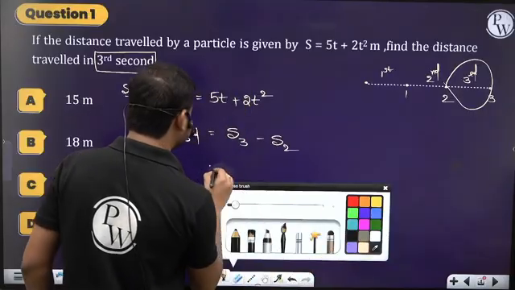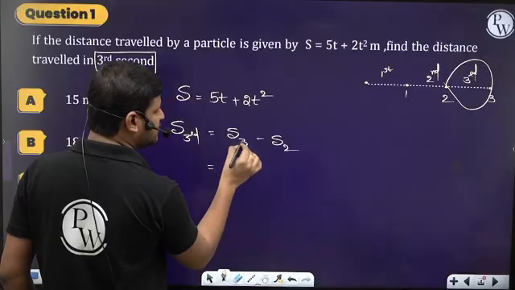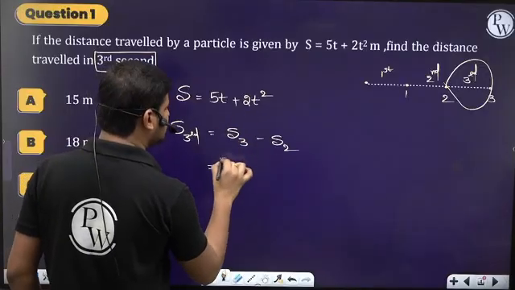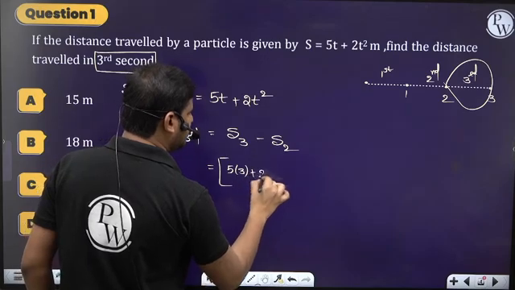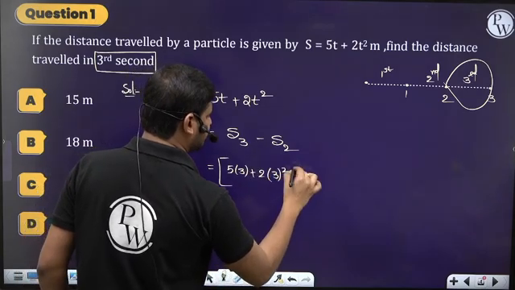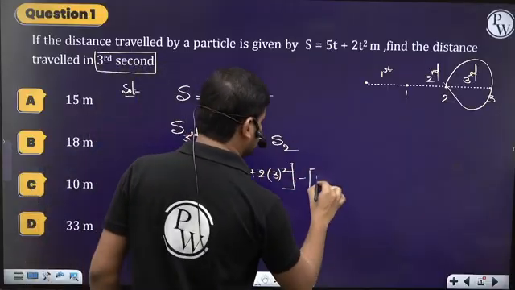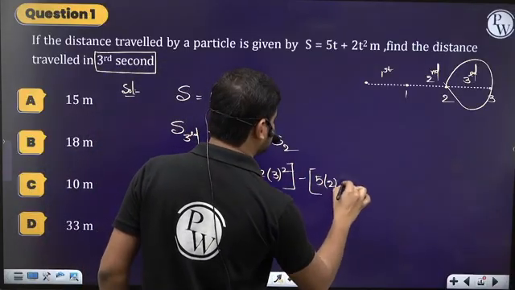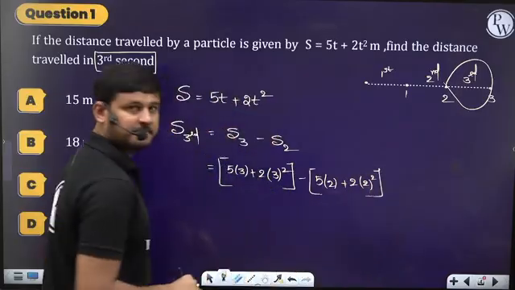The distance traveled in 3 seconds, we know the distance as a function of time, so in place of t you just substitute the value 3. So 5 into 3 plus 2 into 3 whole square, minus the distance traveled in 2 seconds, which is 5 into 2 plus 2 into 2 whole square. Hope you guys are understanding, right?